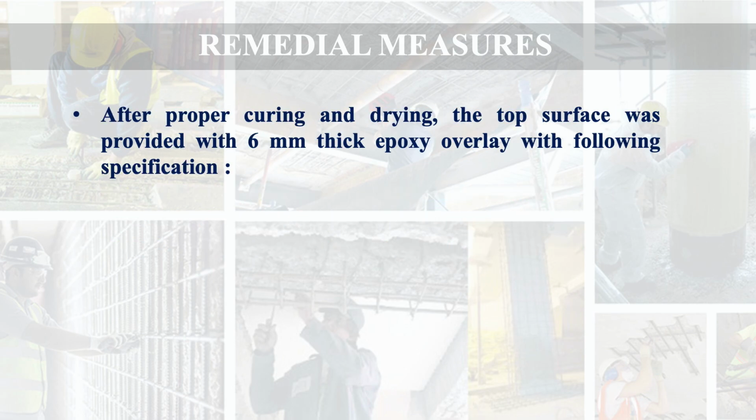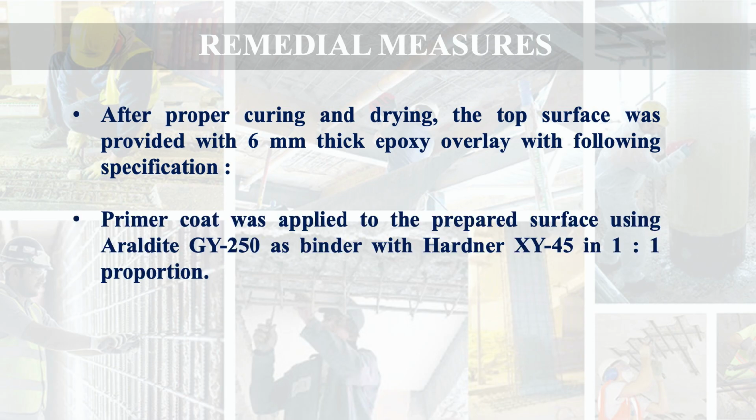After proper curing and drying, the top surface was provided with 6 mm thick epoxy overlay with the following specifications. The specifications were: primer coat was applied to the prepared surface using Araldite GY250 as binder with hardener XY45 in 1:1 proportion.